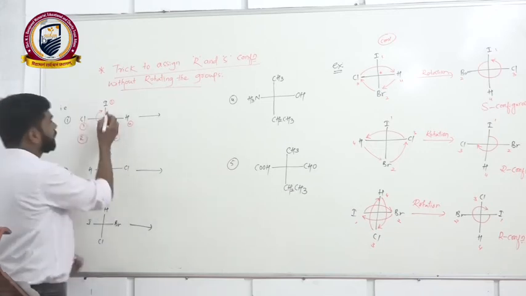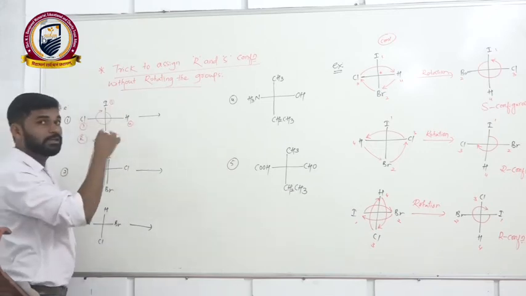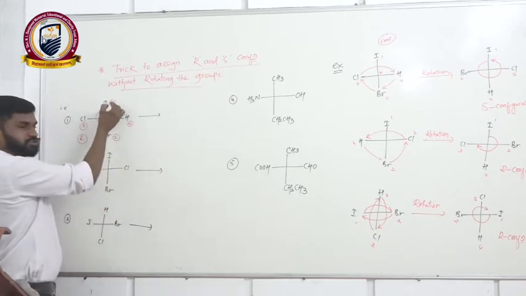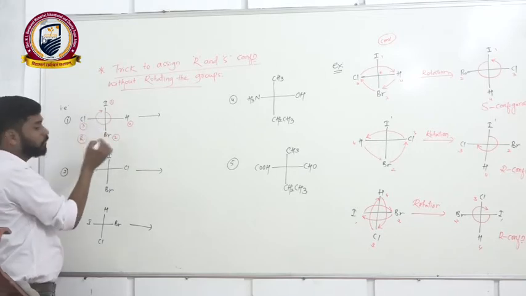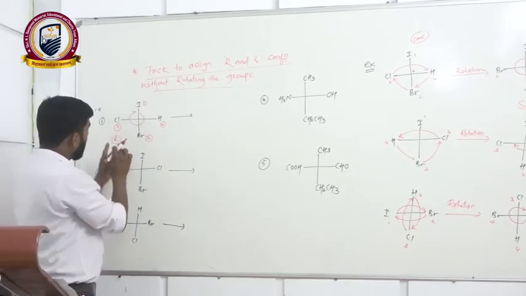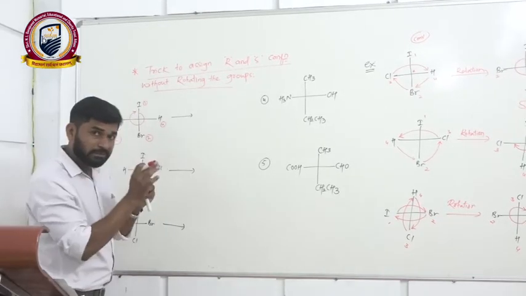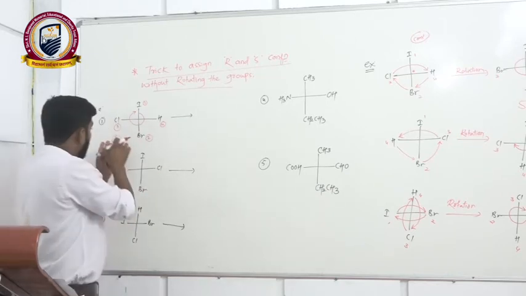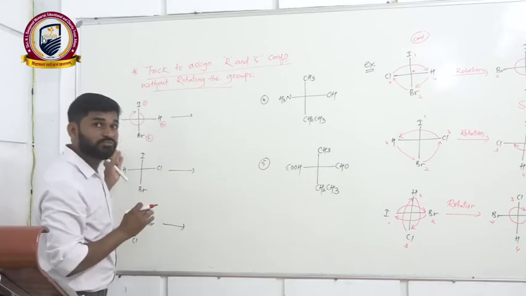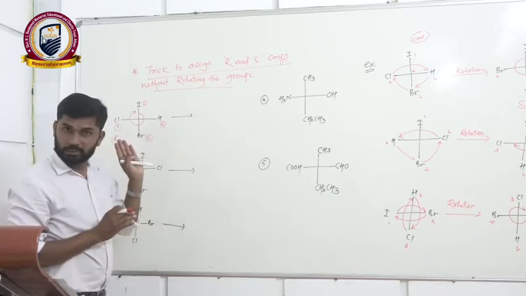After assigning the numbers, I am giving the configuration: first, second, and third priority group. Therefore we are getting R configuration. So when you get the configuration without rotating, write the configuration opposite to the one which we have got without rotating the groups.